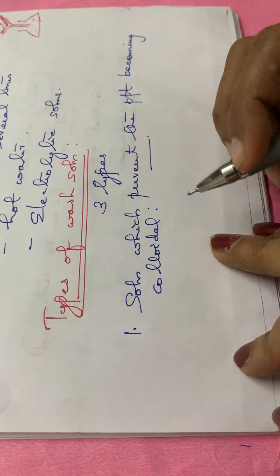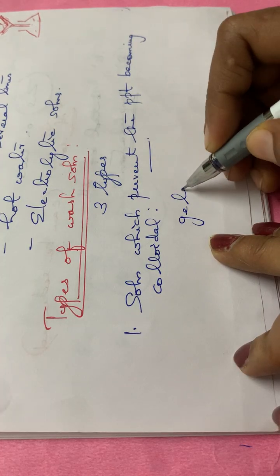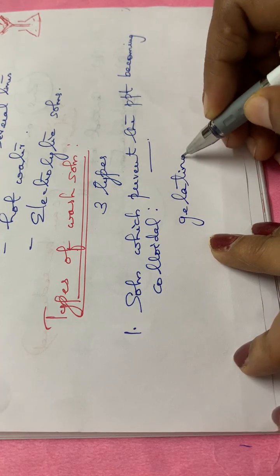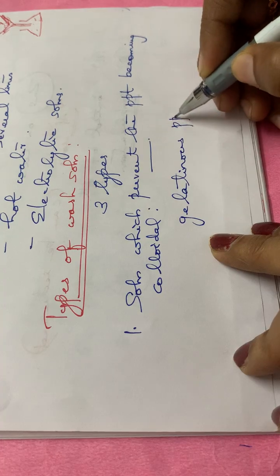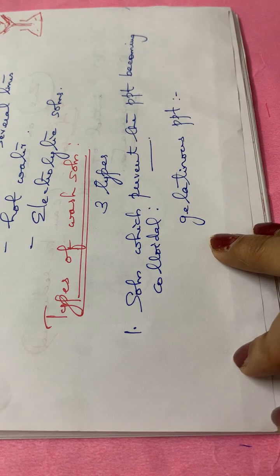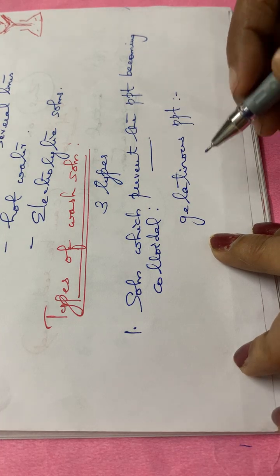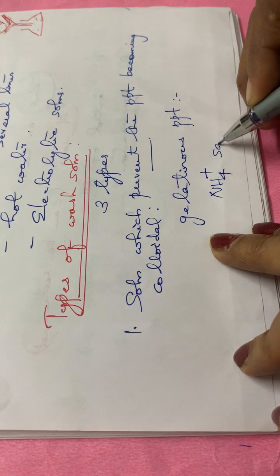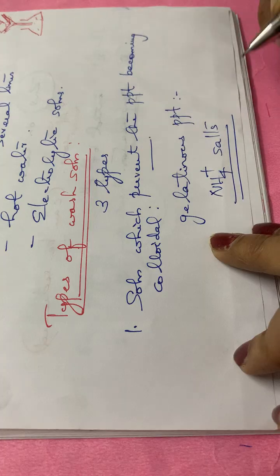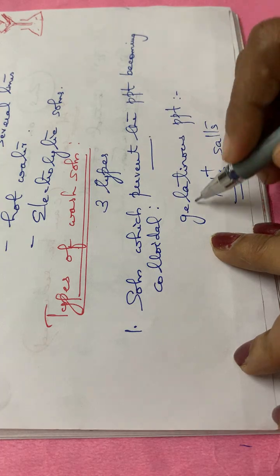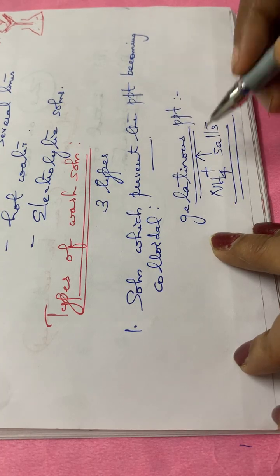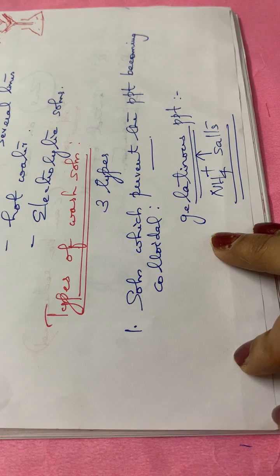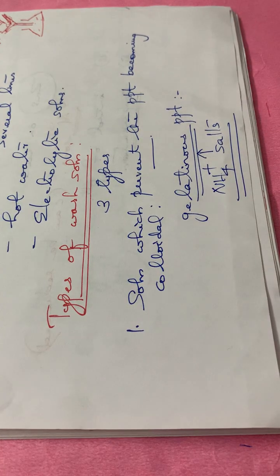In the case of gelatinous precipitates, which are some gel type, ammonium salts are used for washing. That is the first category, solutions which prevent the precipitate becoming colloidal.